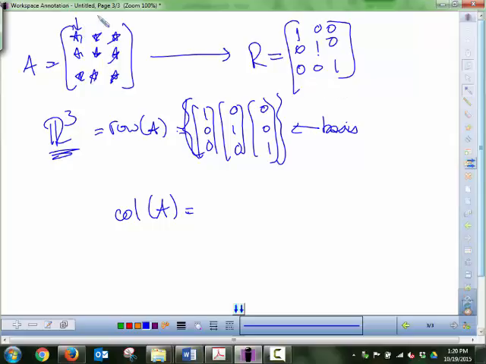So if I call this V1, V2, and V3, I would just take all those V1, V2, and V3.